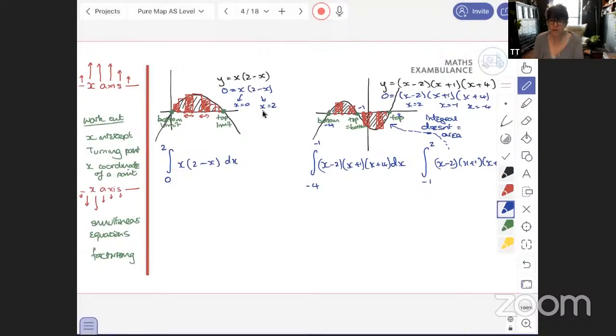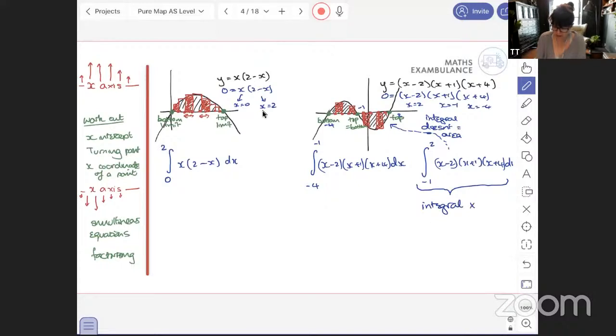So I can work out what the integral from -1 to 2 is, but it's not the area. The way you make it the area, and this seems really counterintuitive, is you times it by -1. And in the second year, this gets so tricky and fiddly, because the things that pop out have all sorts of letters in them.